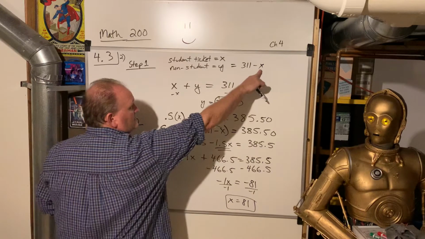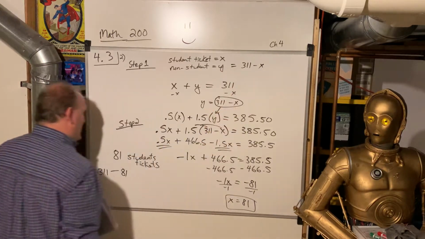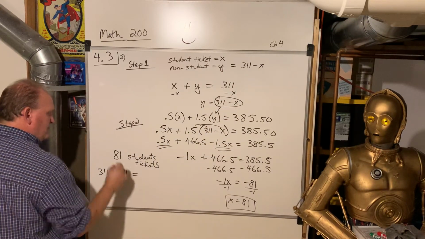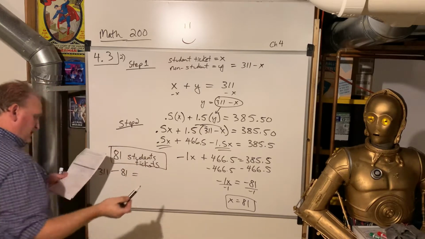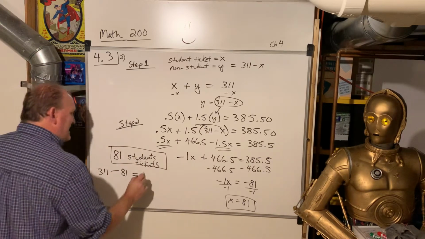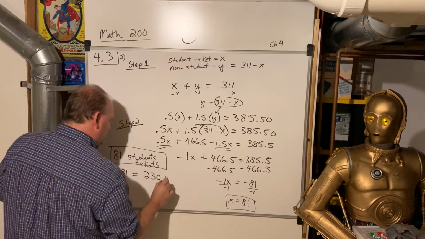That says 311 minus 81 is the Y. And so that is going to be 230 non-student tickets.